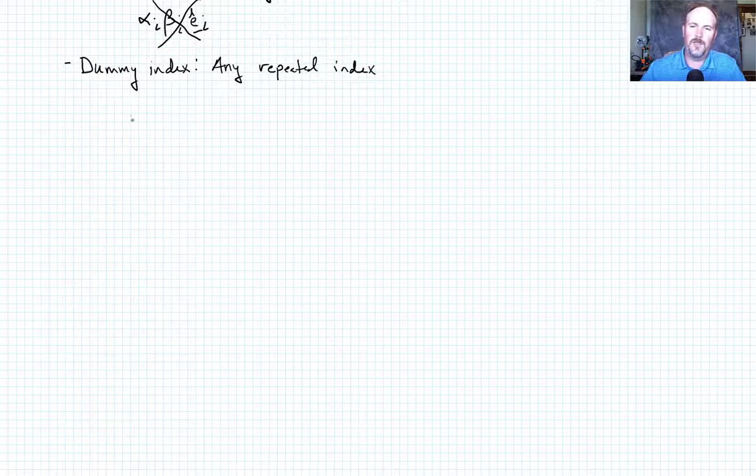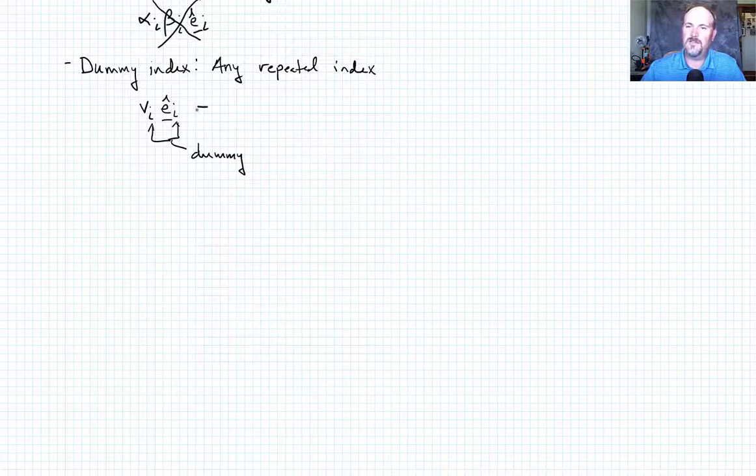So if I write VI EI like I just wrote previously, then I is a dummy index. Why do we say it's a dummy index? Because I can replace it by anything, and it means the same thing. There's nothing special about I. I could write that as VJ EJ. It's equivalent, right?